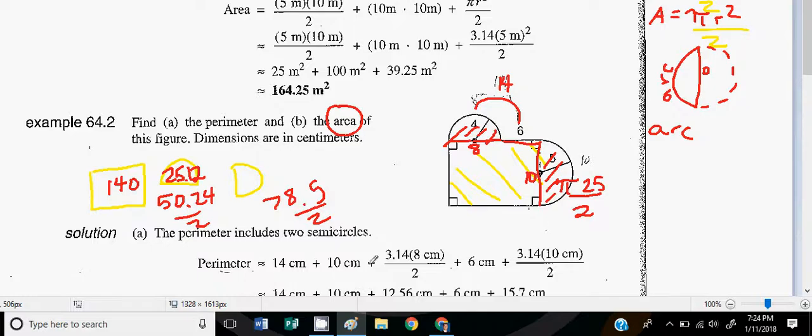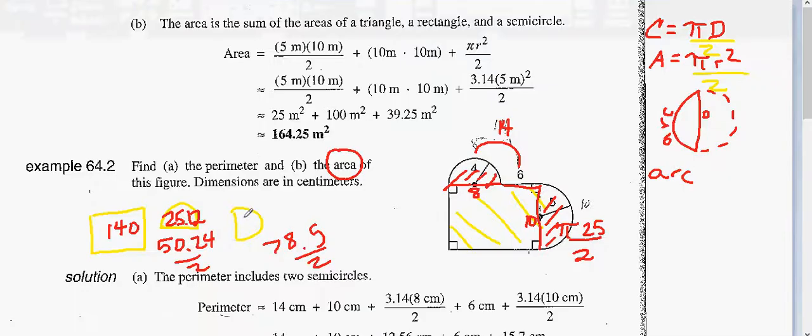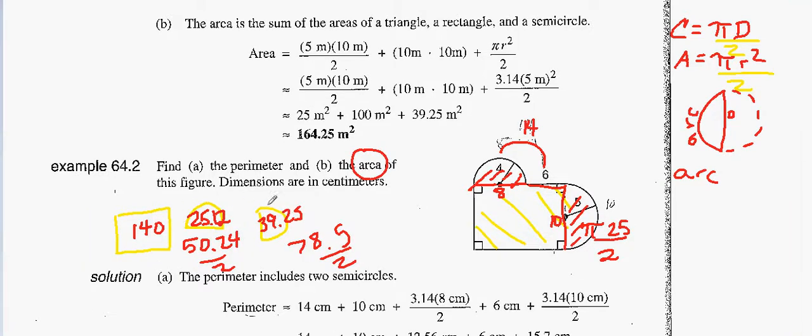Calculator says that's 39.25, 39 and a fourth. Okay, now I've got my 3 areas. Steps 1 through 3 are complete. Final step is a simple process of addition, which I'm doing on my calculator. 204.37. I hope that's what the book has. And it is labeled centimeters squared.